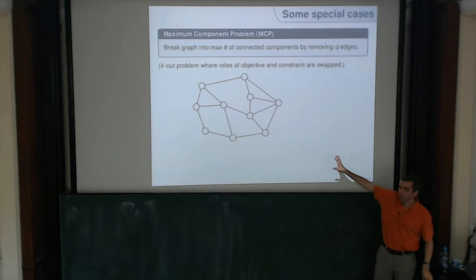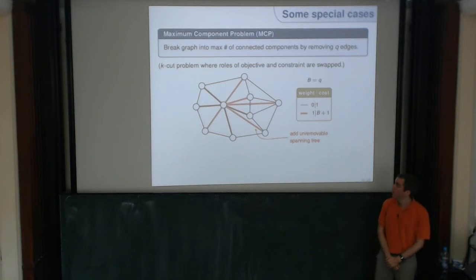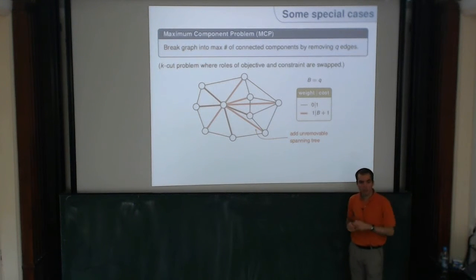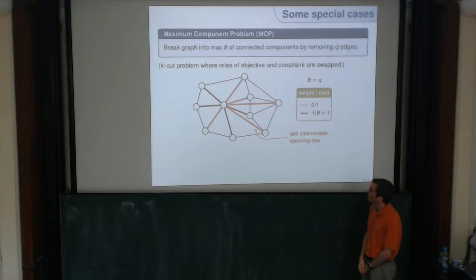Let's assume this is your instance, and you're given some number q of edges you can remove. What you can do is add a spanning tree to it, so it doesn't have to use the original edges. I just added a star, which is a simple spanning tree. Let's define the following weights and interdiction costs, to define an interdiction problem that captures the maximum components problem.